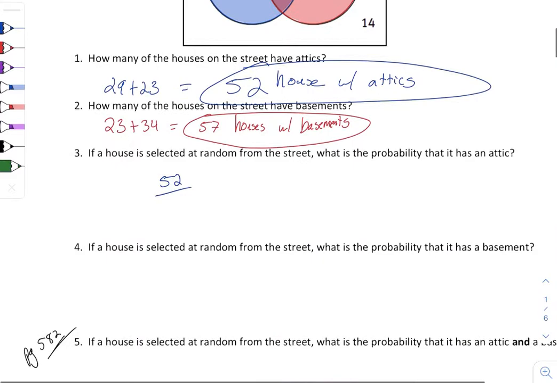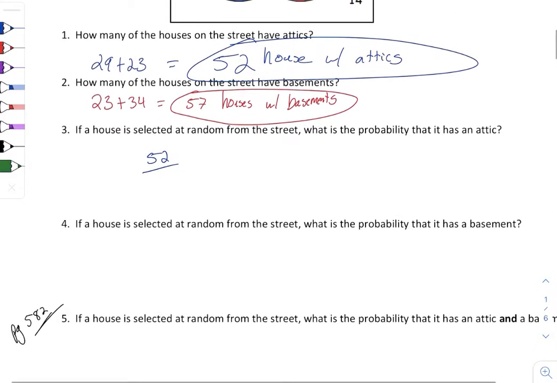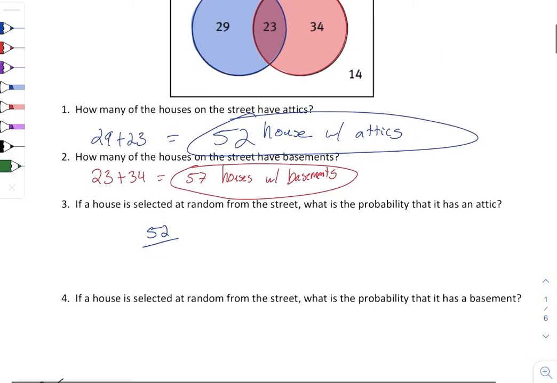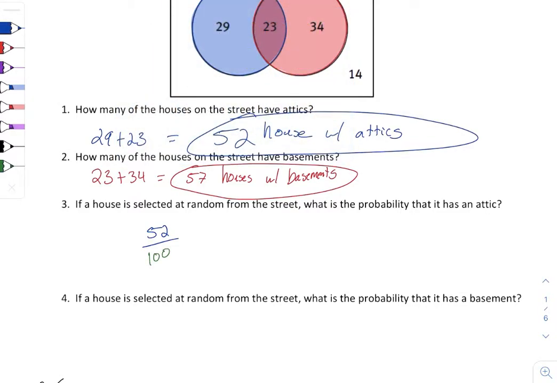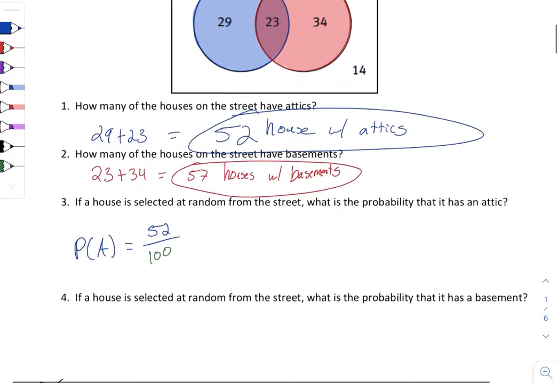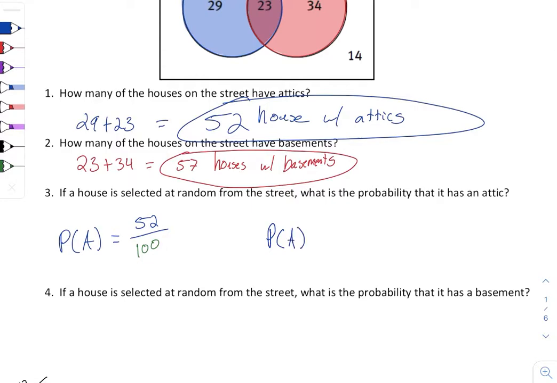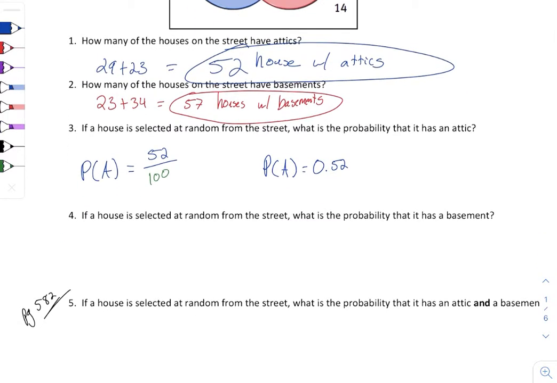This makes our life easy, because probability is the number of the event, in this case 52 with an attic, divided by the total, which is 100. Dividing by 100 just moves the decimal two places. So the probability that they have an attic would be 0.52.